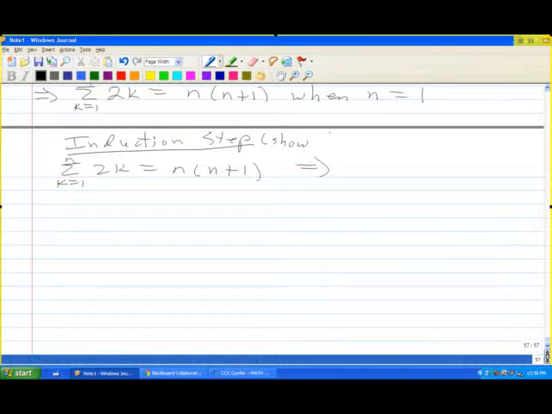I want to show that the sum k equaling 1 to n plus 1 of 2k is equal to, replace n here by n plus 1, replace n here by n plus 1. So this is the formula I want to show. So I want to show that assuming this very first step, I can show the very second step.